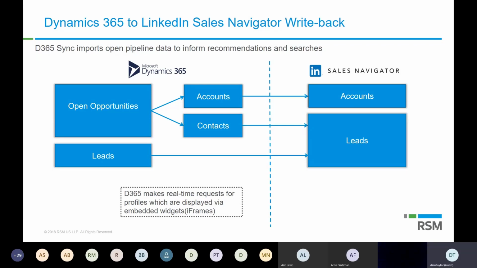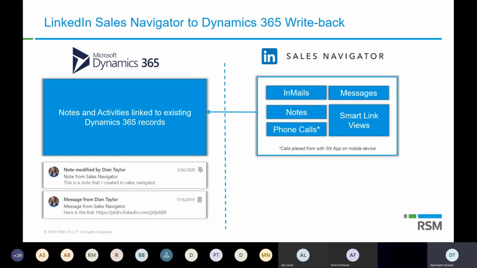Now, if we look from the other side, what are we going to be able to sync over from LinkedIn Sales Navigator to Dynamics 365? We can configure that, right? We can allow users to send emails and messages from Sales Navigator to LinkedIn contacts, and then through the integration, we can have that come back to Dynamics 365.